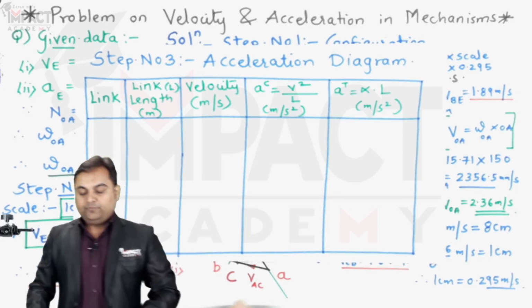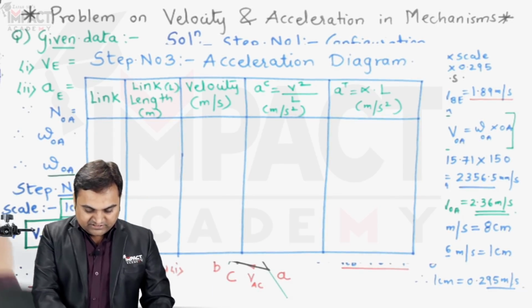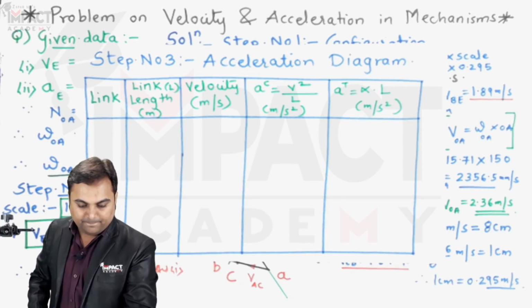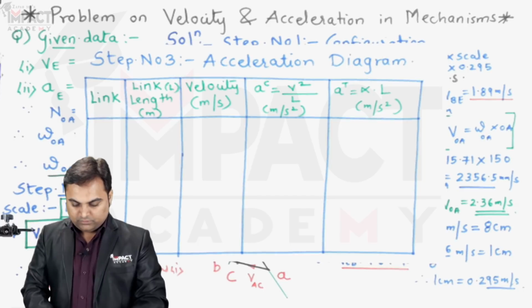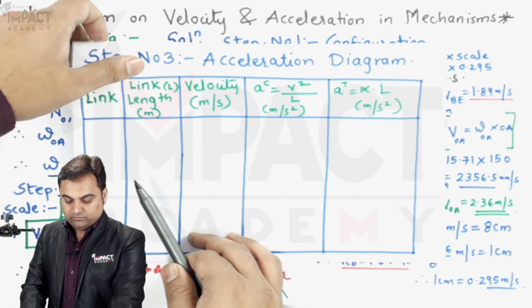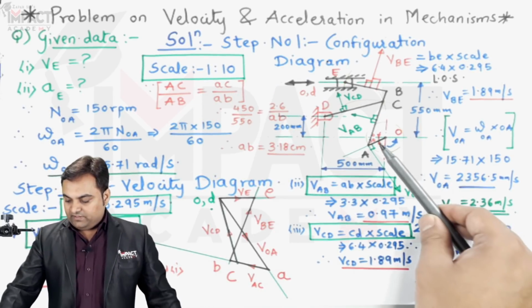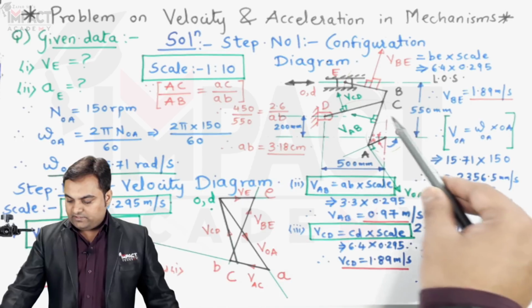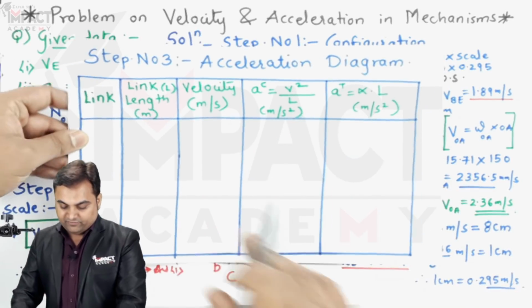So these are the columns which are required for drawing the acceleration diagram, and I'll just explain how to fill this table. Now starting with the first column, that is link, in that we have to write down the link number 1, or here we can say the crank, because the crank is the driving member. So link OA would be written first.